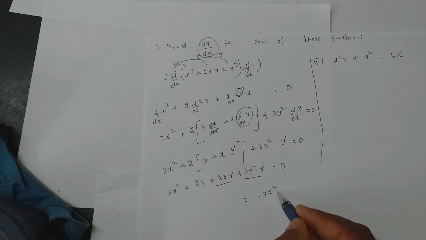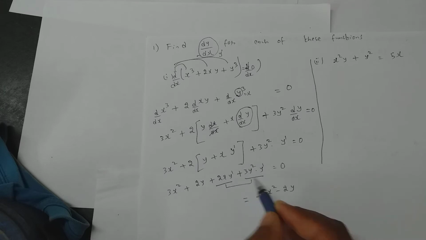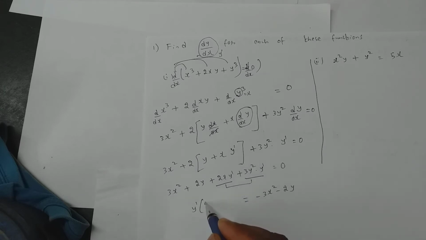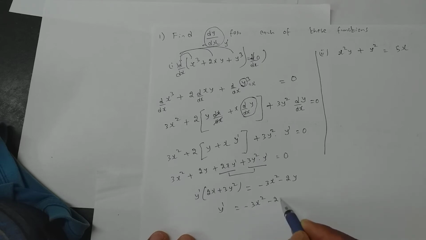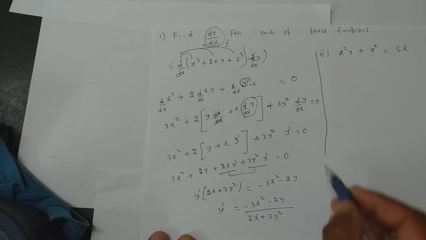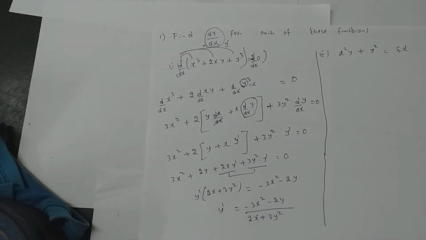Minus 3x square minus 2y. Clear? And from these two terms, make y dash common because you want to make y dash the subject: 2x plus 3y square. So to get y dash as the subject, send the bracket to the other side: minus 3x square minus 2y by 2x plus 3y square. Did you understand?